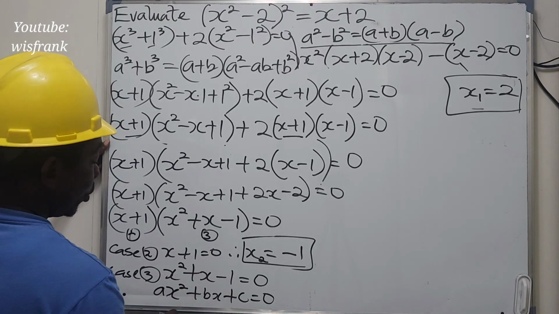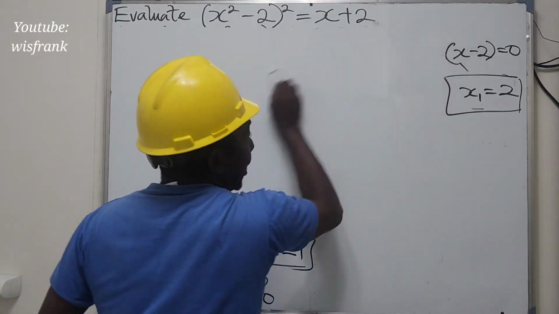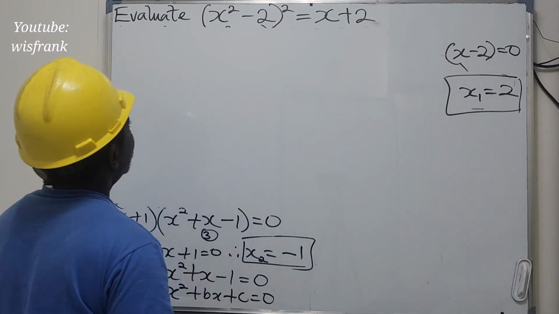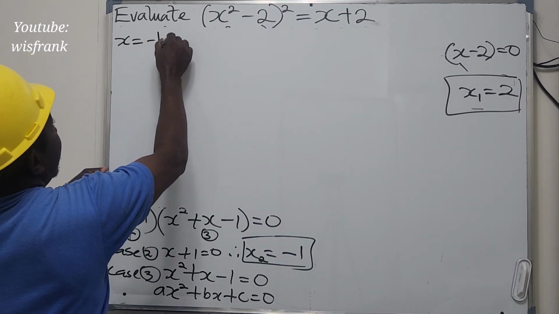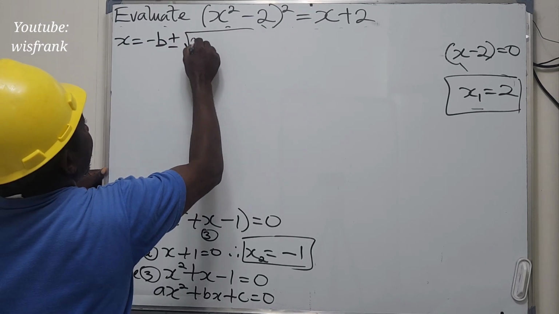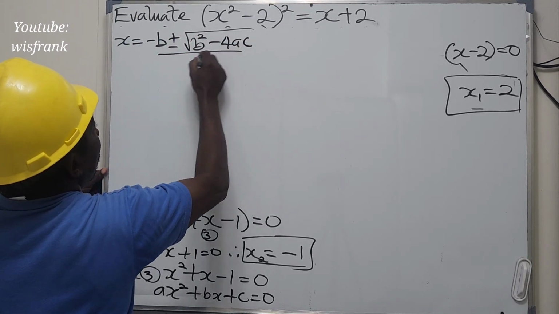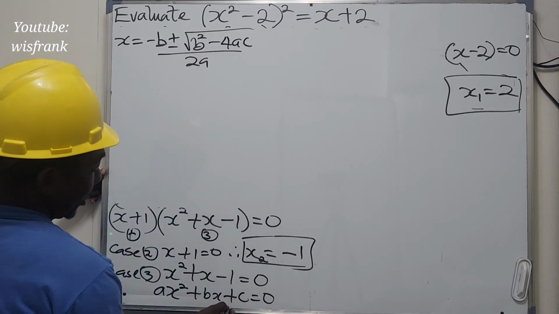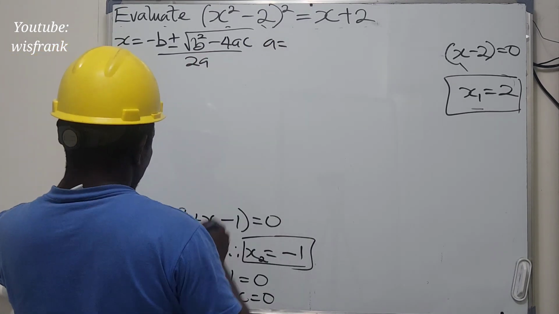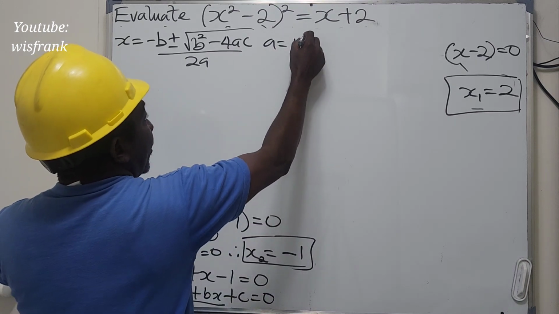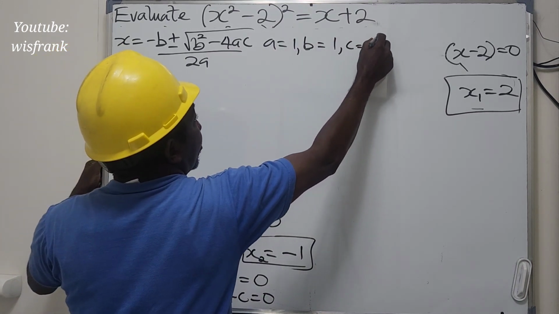Comparing these two equations, we have the values of a, b, c so that we can substitute back into the quadratic formula, which is x equals to minus b plus or minus square root of b to the power of 2 minus 4ac all over 2a. From this, we have the value of a equals to 1, b equals to 1, and c equals to minus 1.